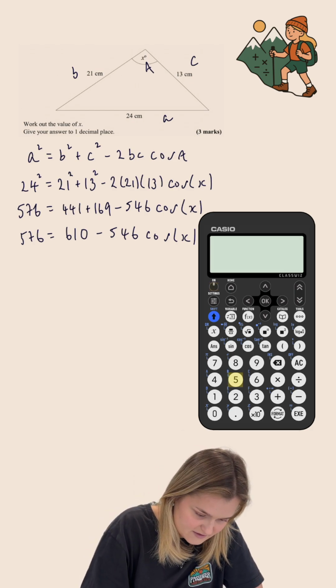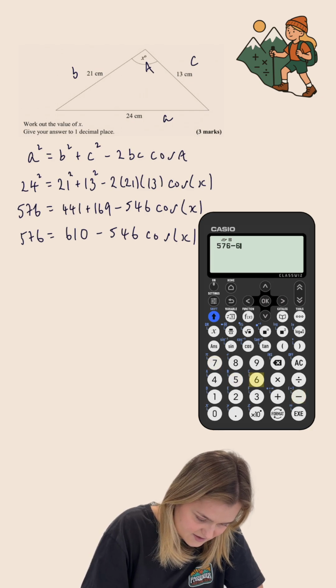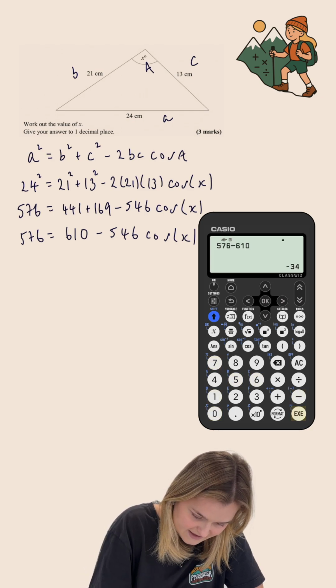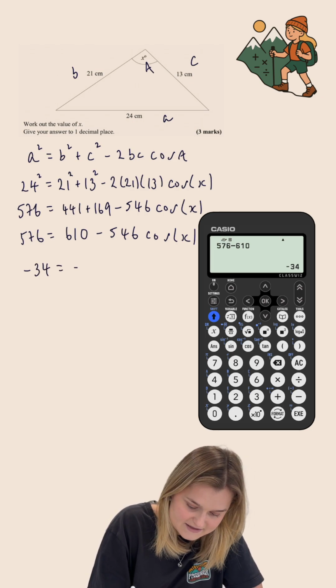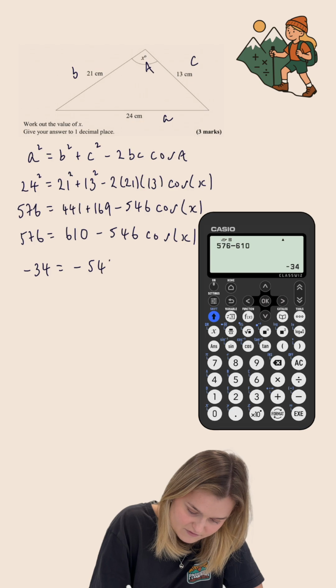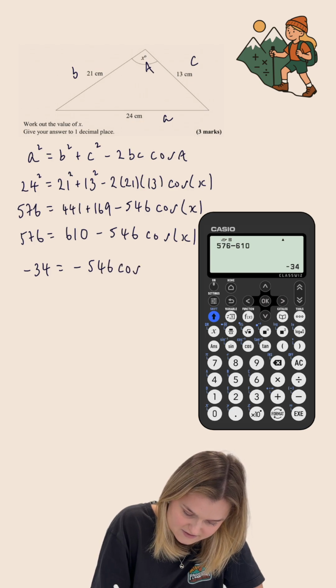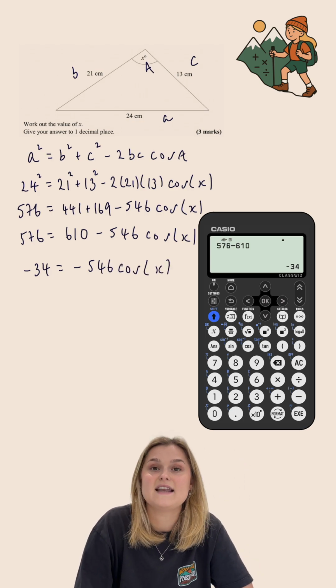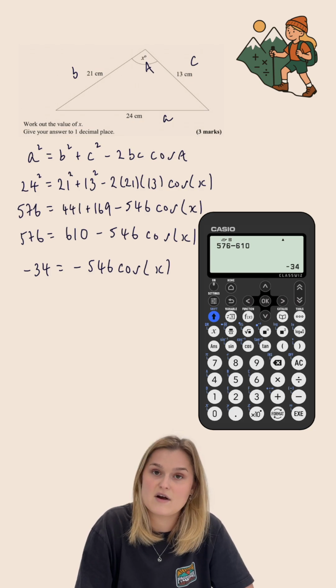So I've got 576, subtract 610, that gives us negative 34. So we now have negative 34 is equal to negative 546 times by cos x. I need to get rid of this negative 546 from the right hand side.